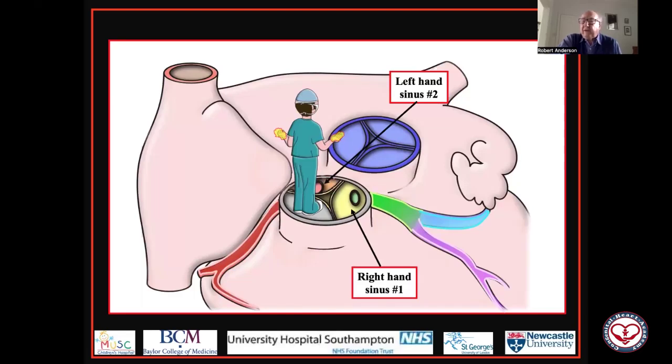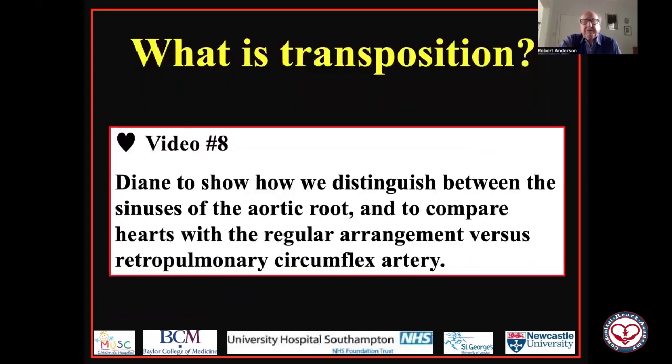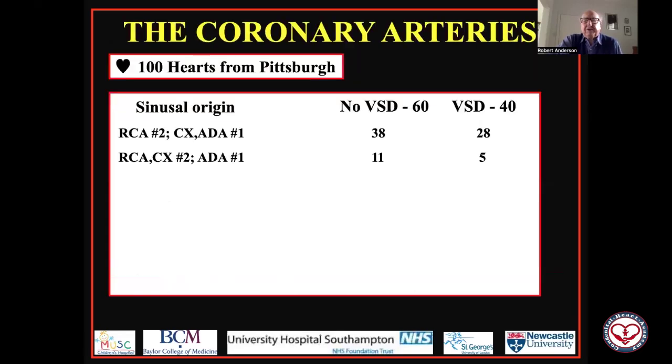Once we have determined and worked out how we can distinguish between the sinuses, we can then describe how best to account for the varied origin of the 3 major coronary arteries. And Diane is now going to show us how to distinguish between those sinuses, and she'll show us 2 variants.